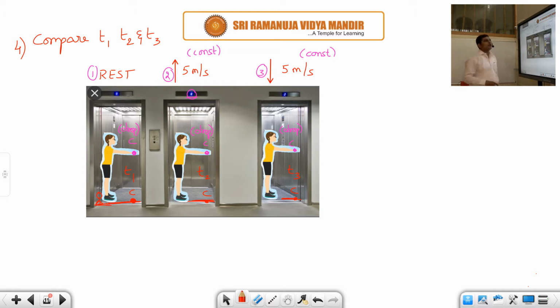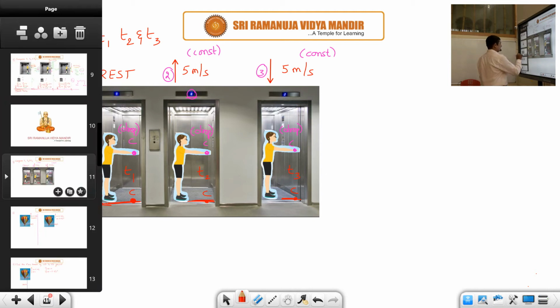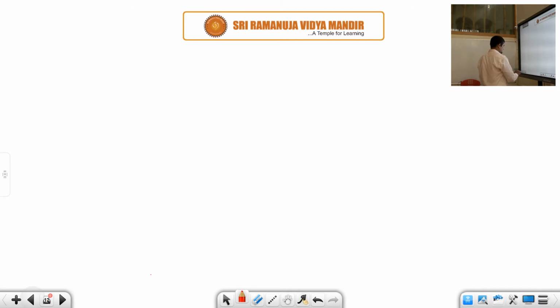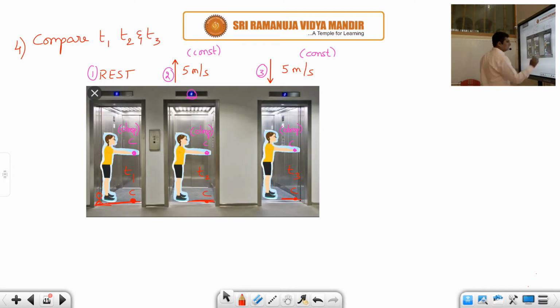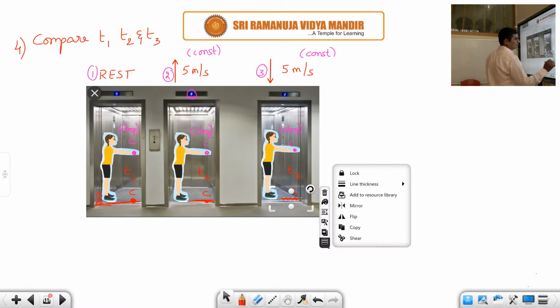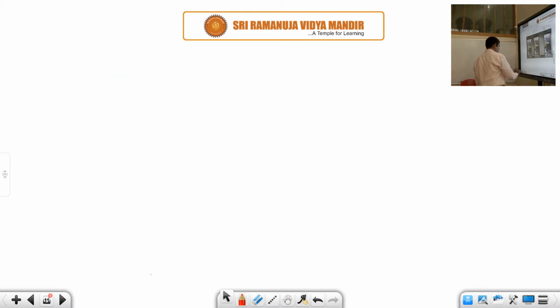So basically you have to solve this problem from the lift frame, that's all. I'll take a new slide and do this one.